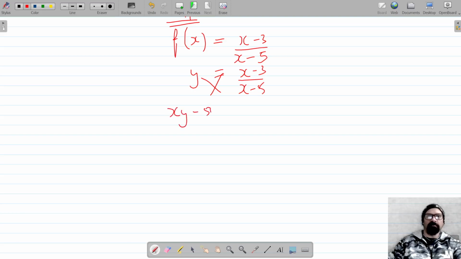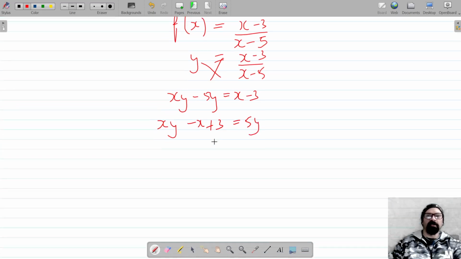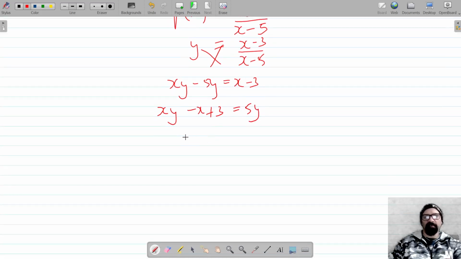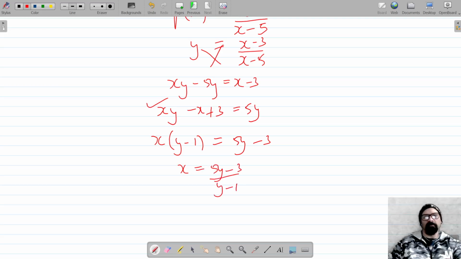So xy minus 5y is equal to x minus 3, and this is xy minus x is equal to 5y minus 3. Let's take x common in this. So x is common, which gives me x times y minus 1 is equal to 5y minus 3, and x is equal to 5y minus 3 by y minus 1.